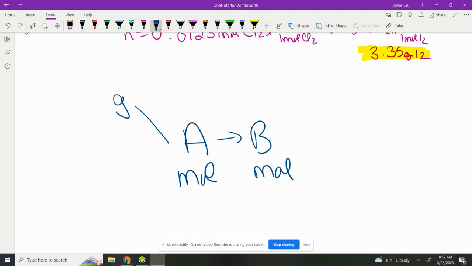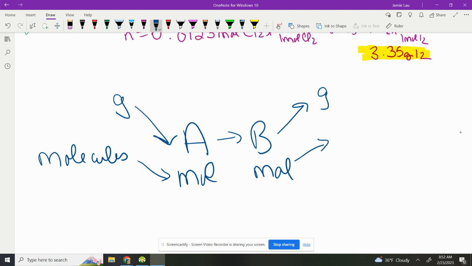We've seen problems where we go from grams to moles and then back out to grams, or molecules converting to moles and back out to molecules, or some combination thereof. Now we just have another way to find moles.